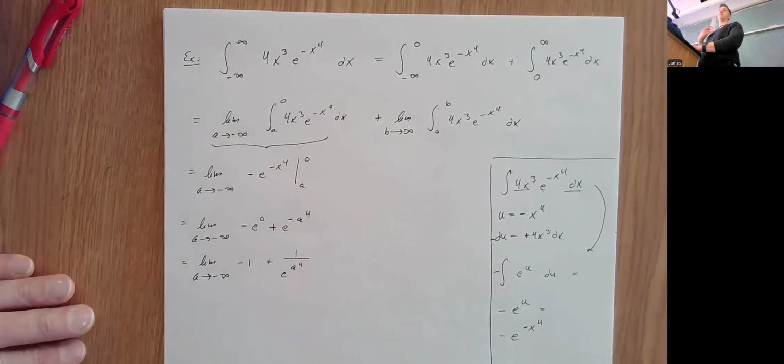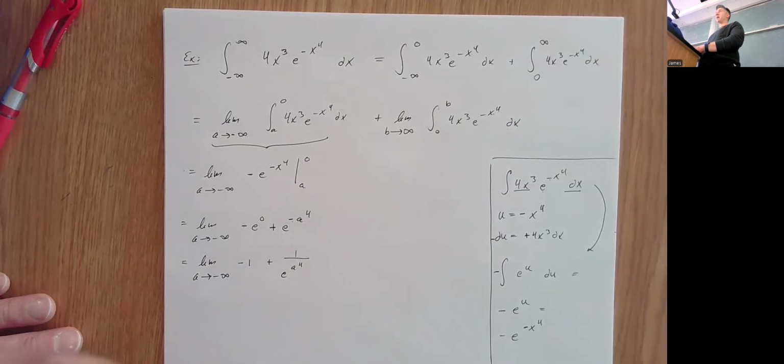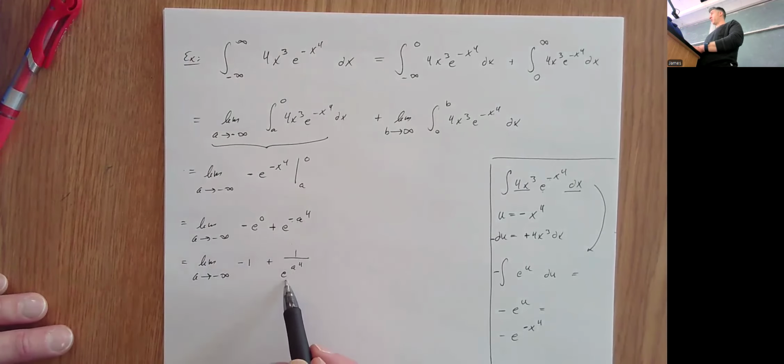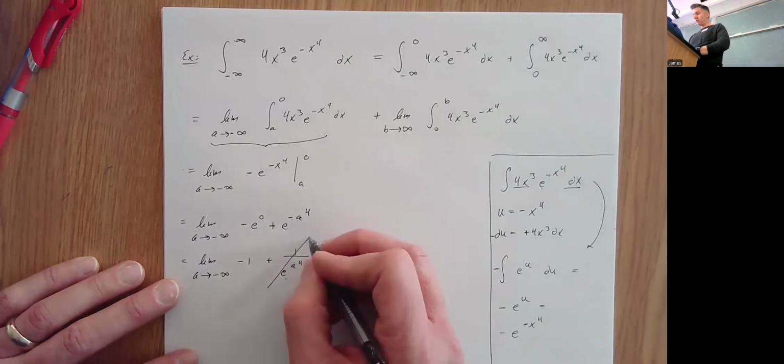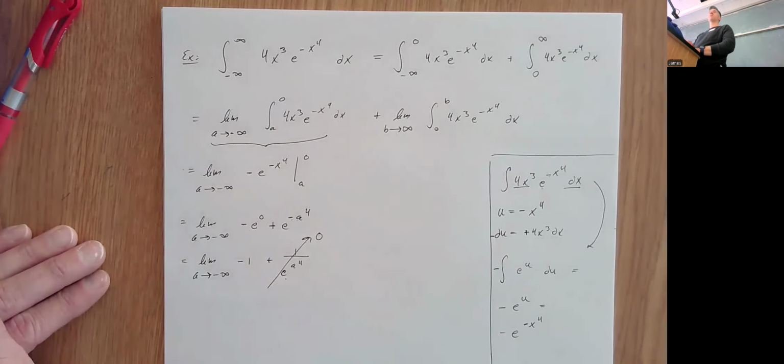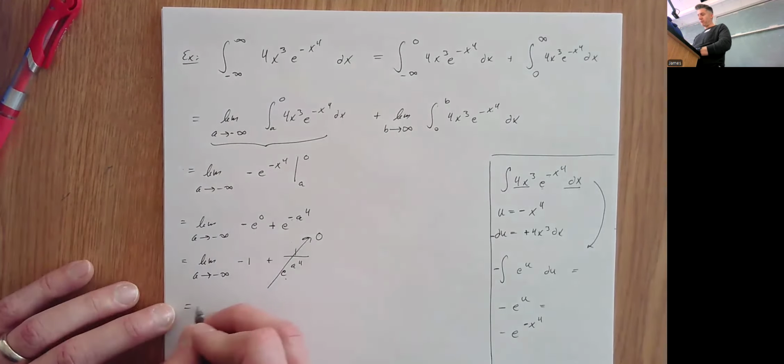Because then I can say to myself, a is going to negative infinity, negative infinity to the fourth power is positive infinity, e to the infinity is super big, 1 over e to the infinity is super small. So that's going to go away to 0. And then we end up with negative 1.